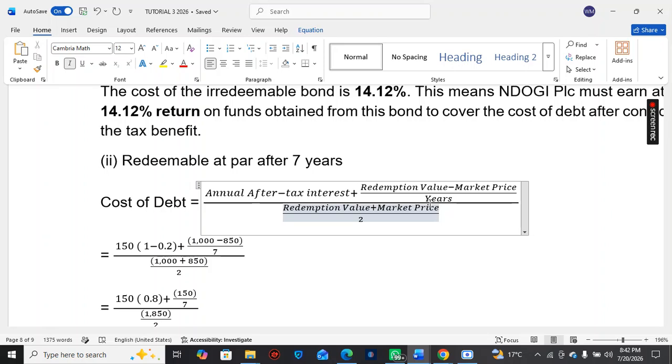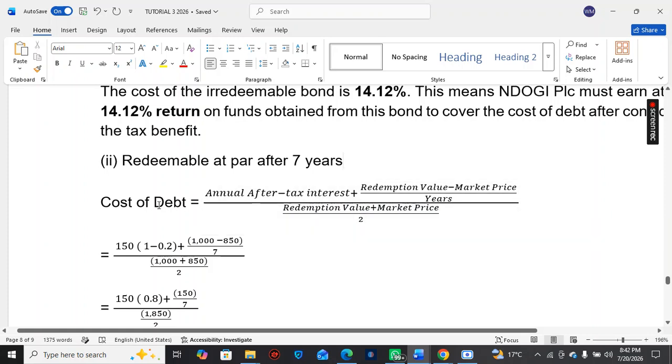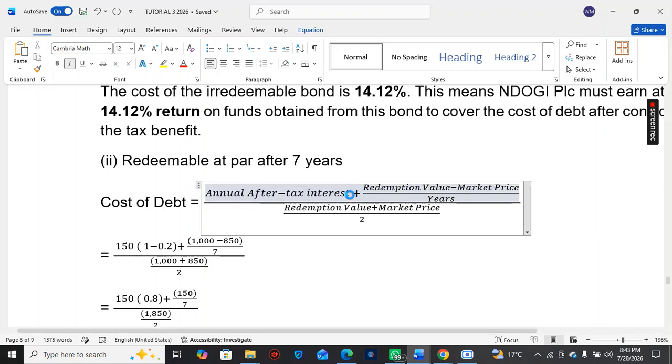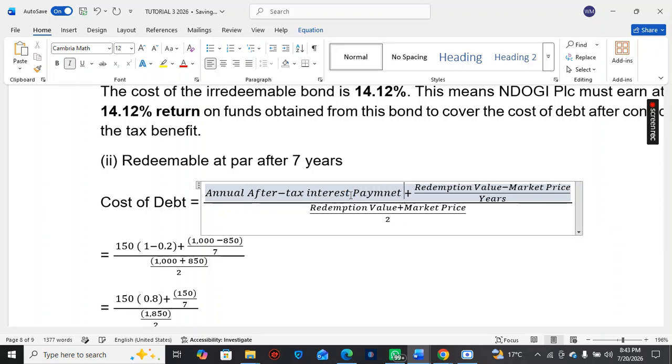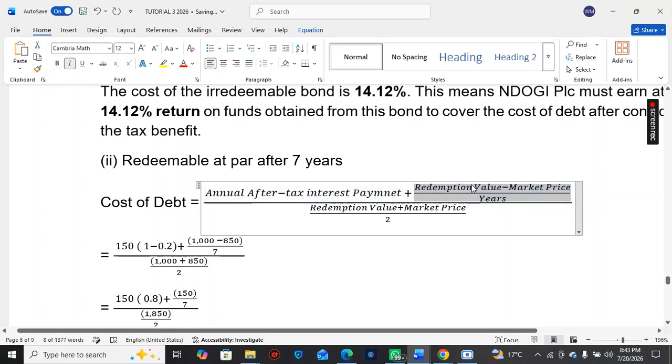Okay. So here's the formula. Cost of debt equals the annual after-tax interest payment, okay, I forgot to put payment, plus the redemption value, or the par value, or the maturity value, or even the face value.